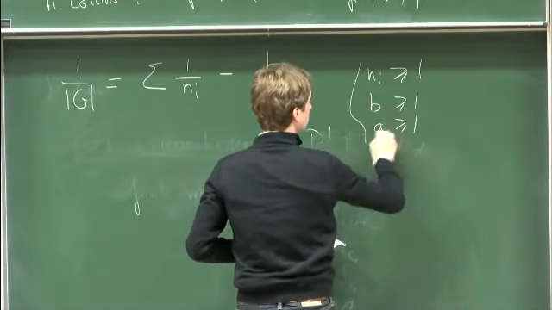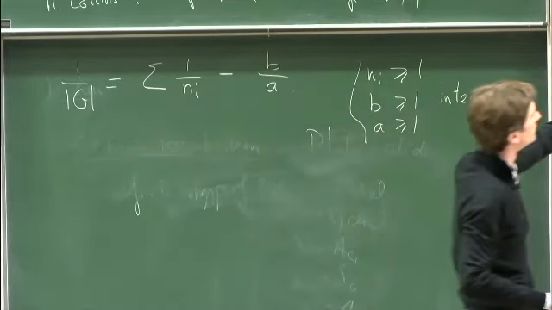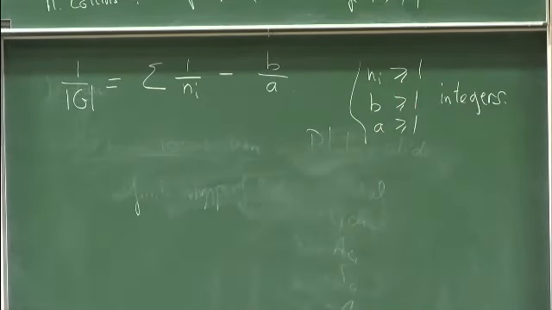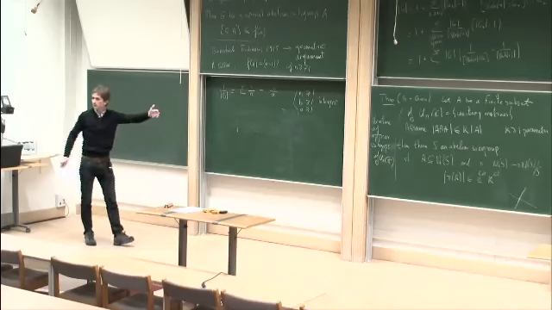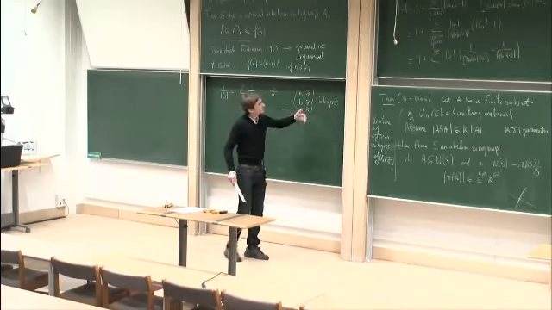And in fact you have very few possibilities, because this is at most 2, so the number of terms in this sum is very small, and then you look at all cases. Studying all cases, you immediately come up with the list I just erased. It's a standard exercise that you probably saw before.